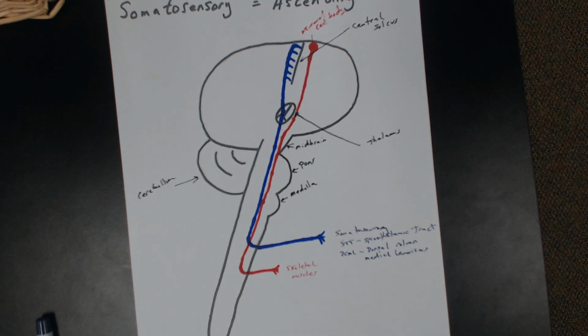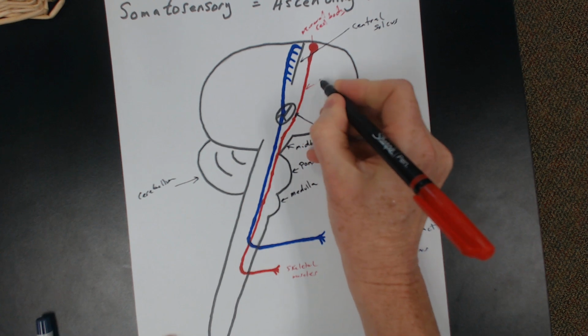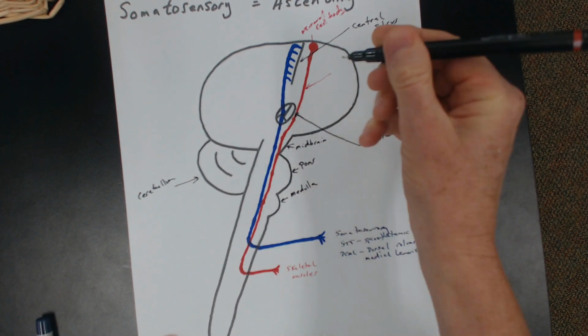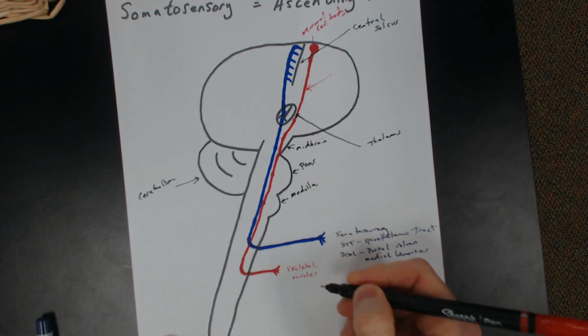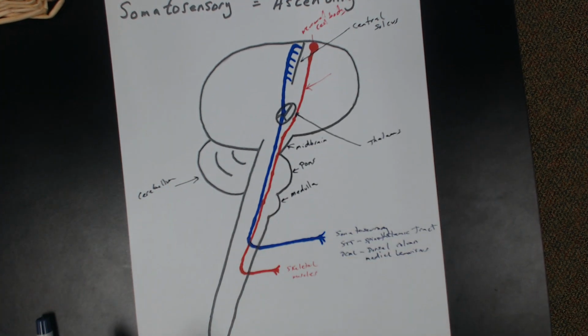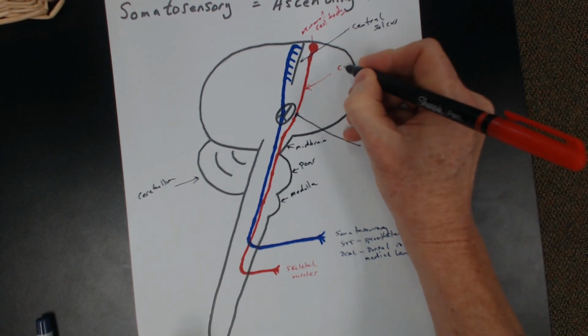So if I had to name this tract here, does anybody know what this tract is called? The tract that is going to travel all the way down through the brainstem, through the spinal cord to innervate skeletal muscle eventually? Has anybody heard of it? It's called your corticospinal tract.